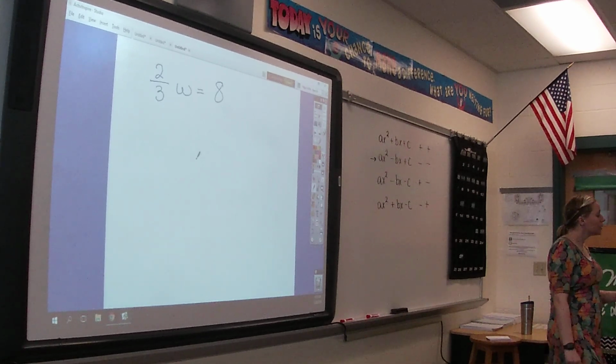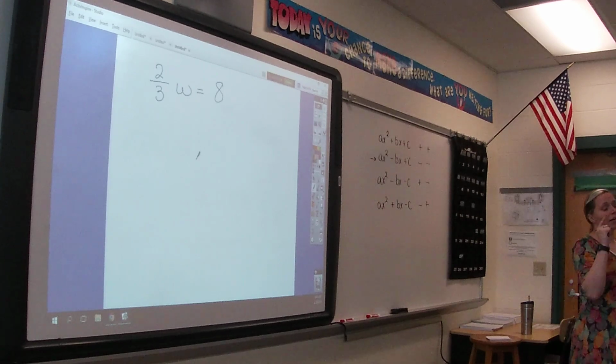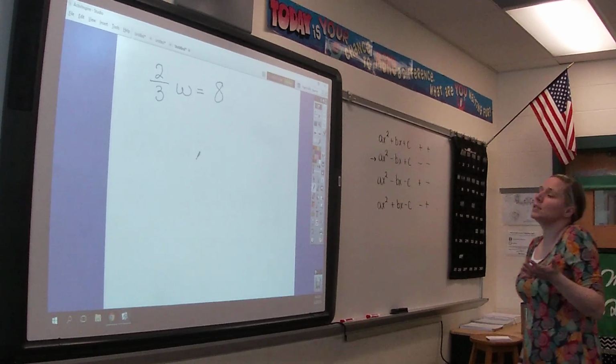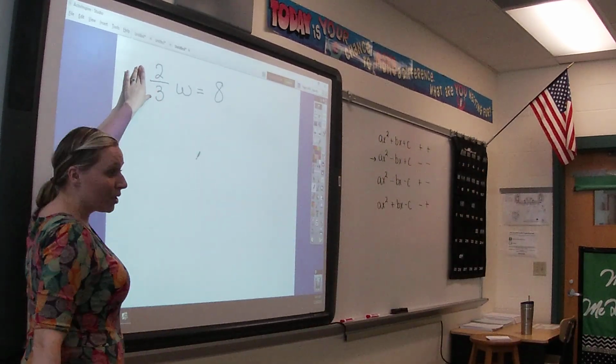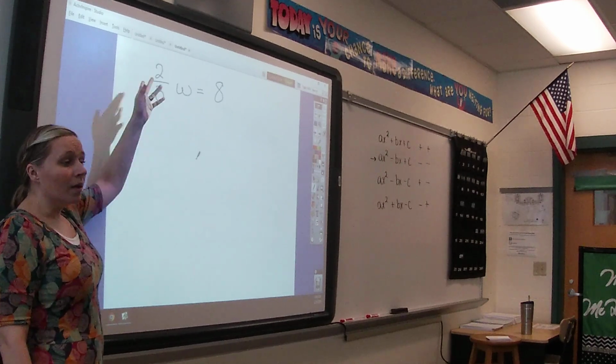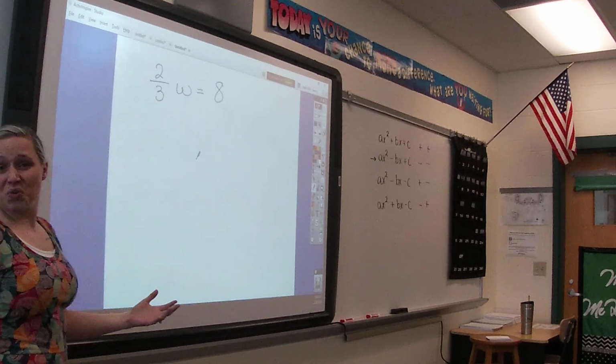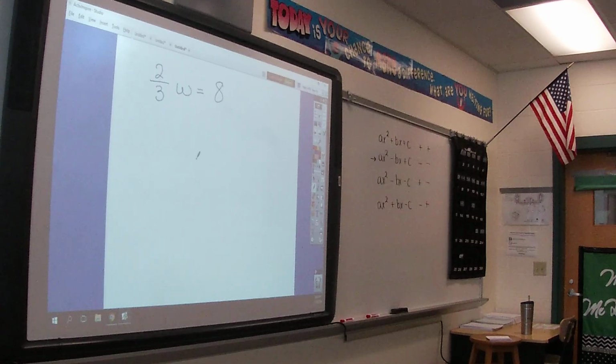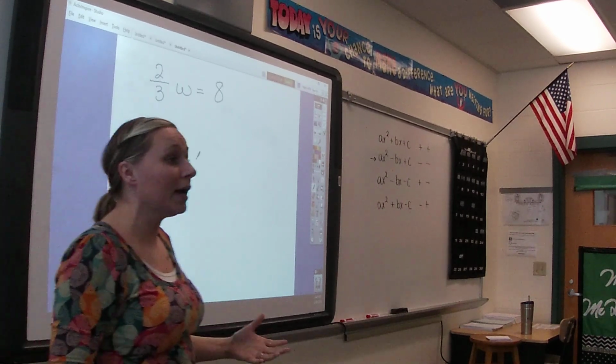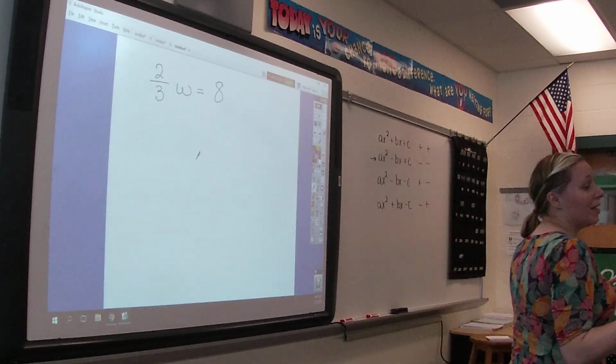And so you'll often see teachers talking about multiplying this by 3 over 2. But the reality is most of us don't know how to multiply with fractions anyways, and we're going to use our calculator anyways. So it's really not important.